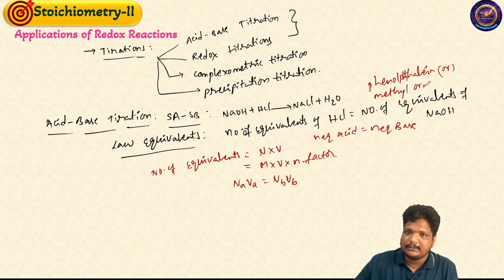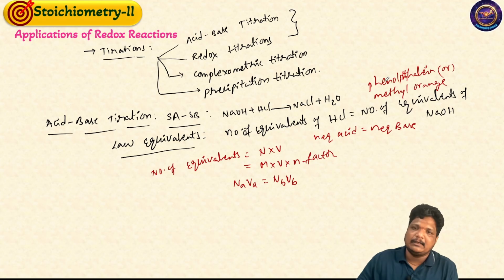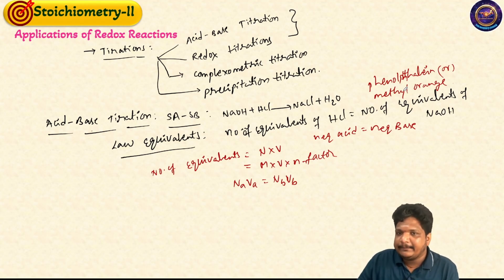Phenolphthalein is colorless in acidic medium and changes its color to pink in basic medium. Methyl orange has a pale yellow color in basic medium and a pale pink color in acidic medium.